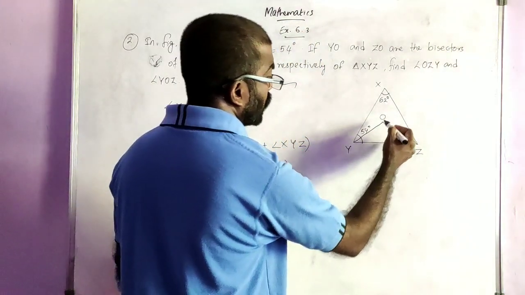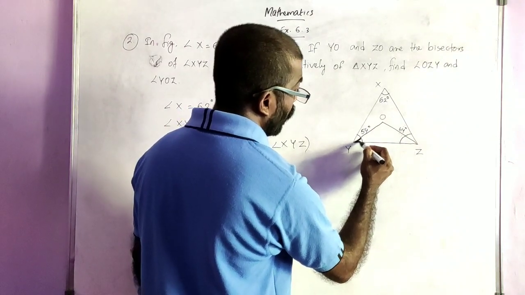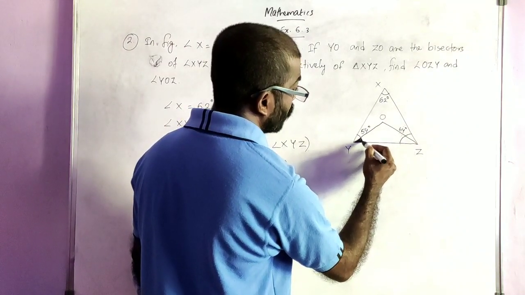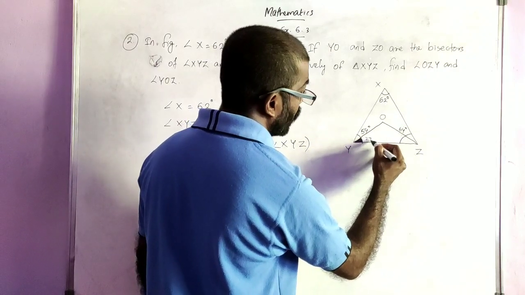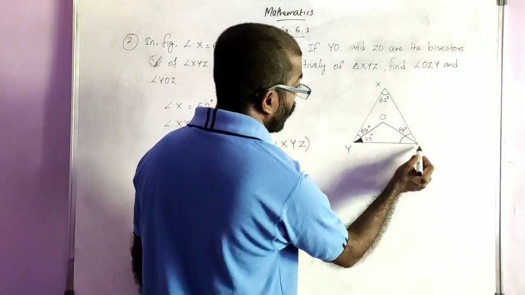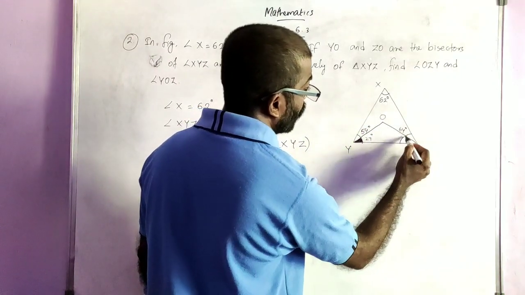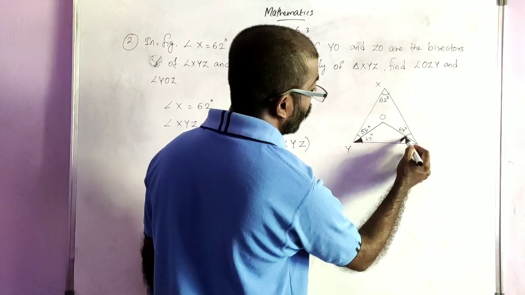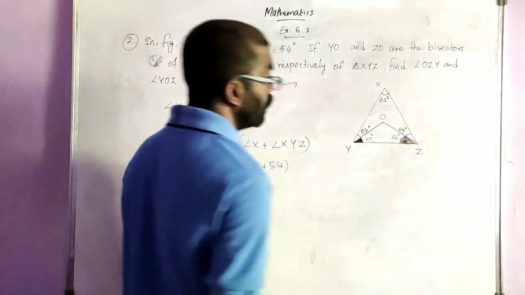Here YO is the bisector of angle XYZ. So angle OYZ is the half of 54, which gives 27 degrees. And ZO is the bisector of angle XZY. So this much angle will be the half of 64. So here we can write 32 degree.